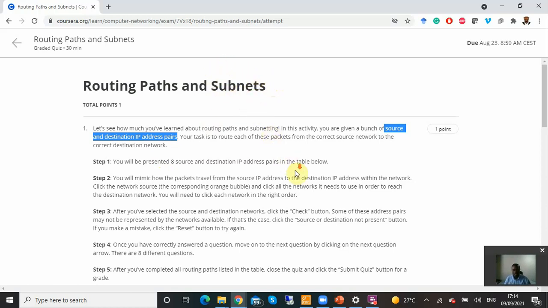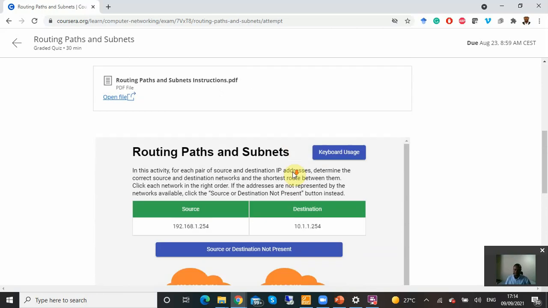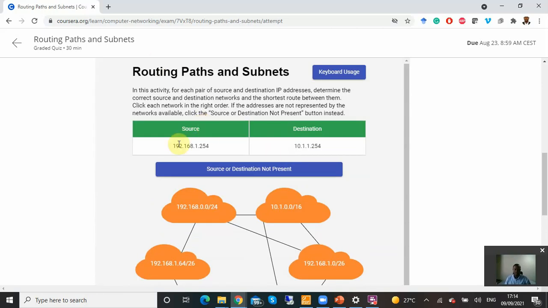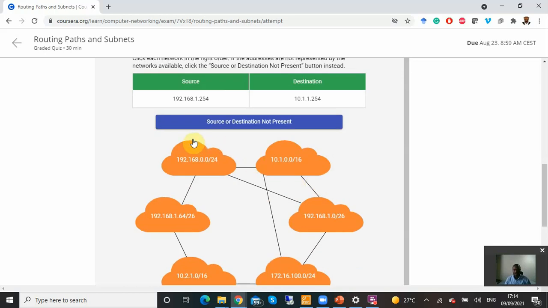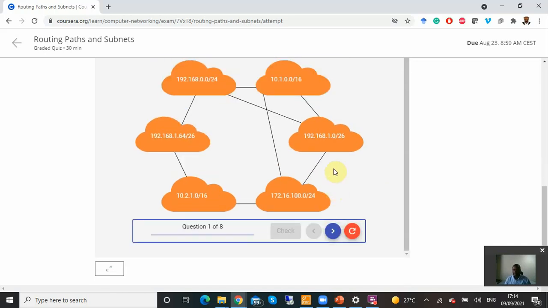So let's now go to answering the question. Before we start, as you can see, this is source, this is destination. When you look at all this, you can see /24, /16, /26, /24, /16, /26.